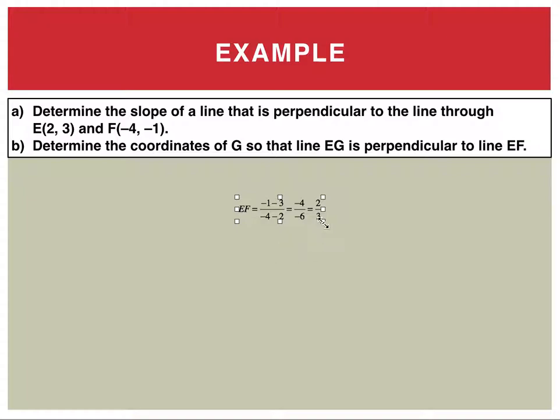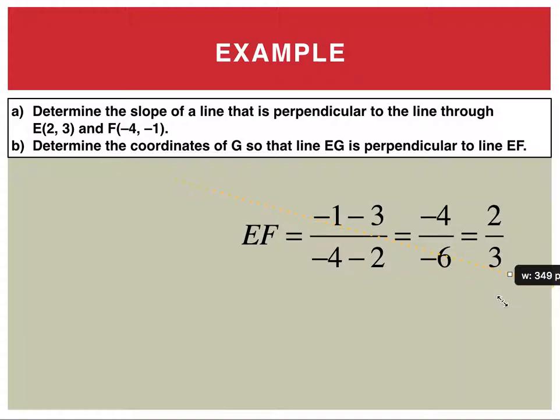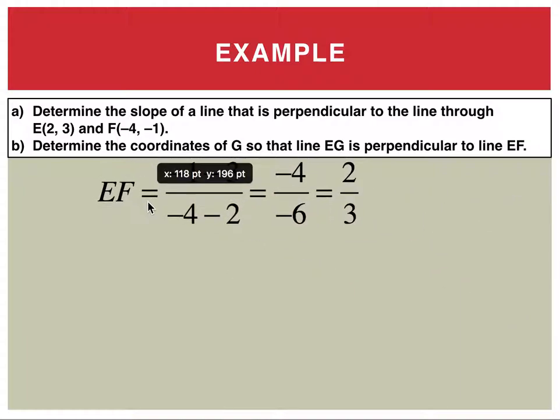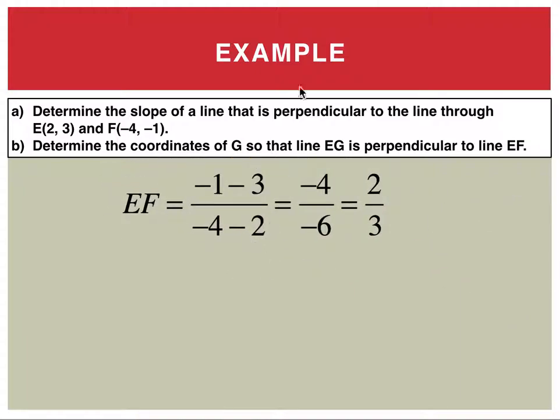So my slope here of E to F is 2/3. Okay? So for question A, the slope of a line perpendicular, well, remember, perpendicular lines have to have negative reciprocals.